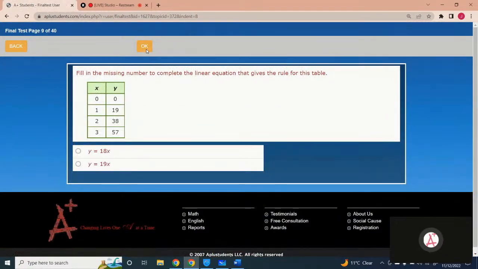Okay, find the missing number to complete the linear equation that gives the rule for this table. So the rule for the table is y equals 18x or y equals 19x.